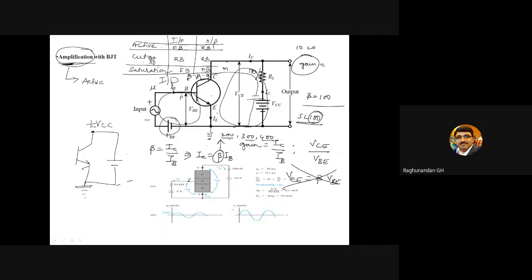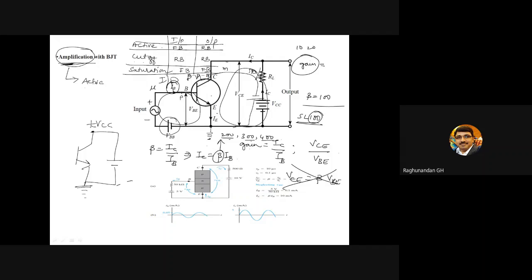Because BJT is a current control device. The base current is the one which is going to control your output. That's why we are more worried about beta.